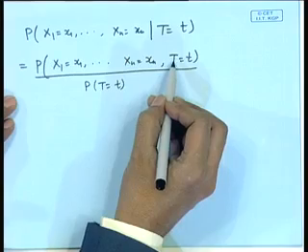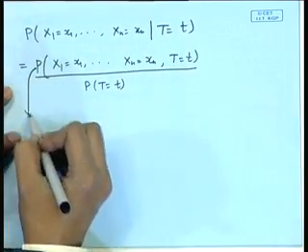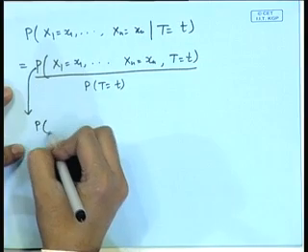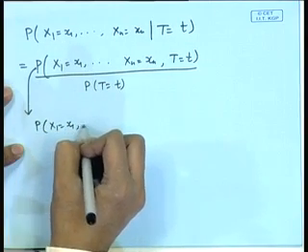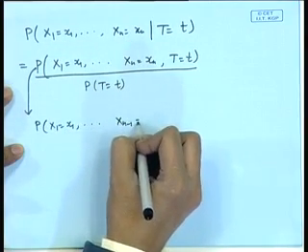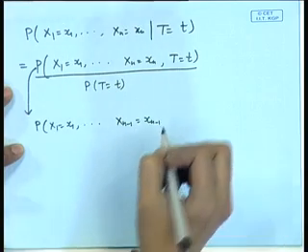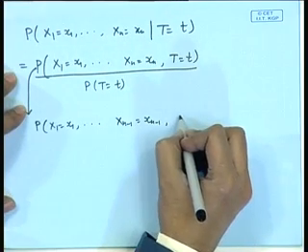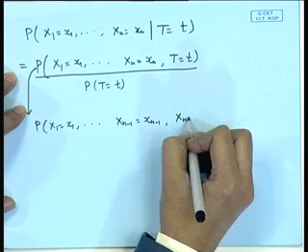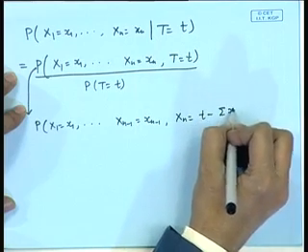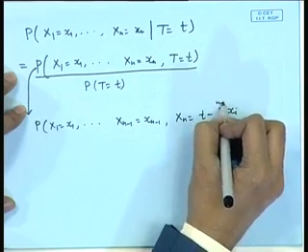How to find out the numerator quantity? We simplify this. We can write it as probability of x1 = x1 and so on, xn-1 = xn-1, and xn = t minus sigma xi, i equal to 1 to n-1.